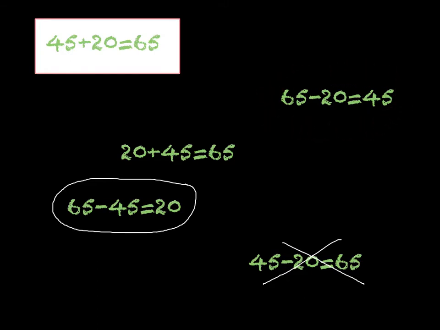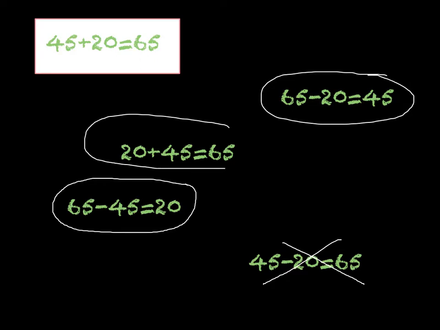Now I'm going to look at this one up here. 65 take away 20 equals 45. I can see they've used the 65 and the 20 and have just changed positions. So that's an equivalent number sentence. And finally, I'm going to look at this one. 20 plus 45 equals 65. Again, they've inverted, that means they've changed the position of the 20 and the 45, but they still get the same answer, 65.